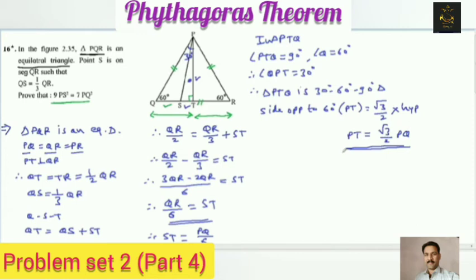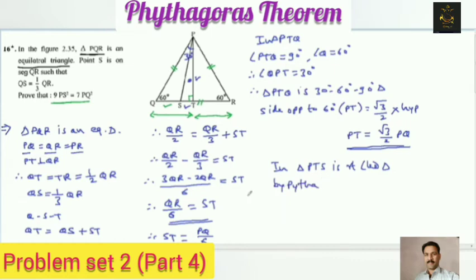Now just observe in this small triangle PTS, which is a right angle triangle. Now look here, I will apply Pythagoras. By Pythagoras, see here, which is the hypotenuse?